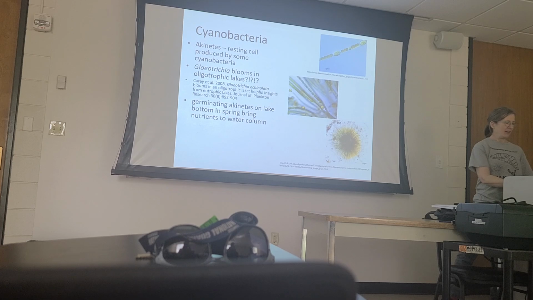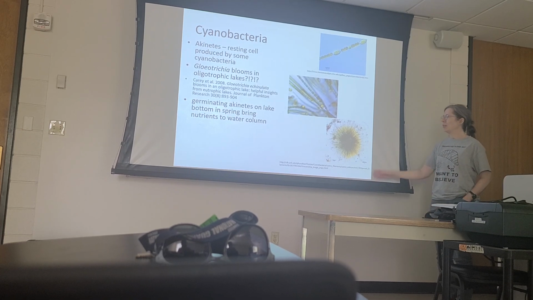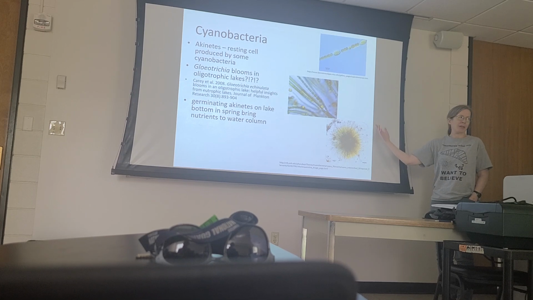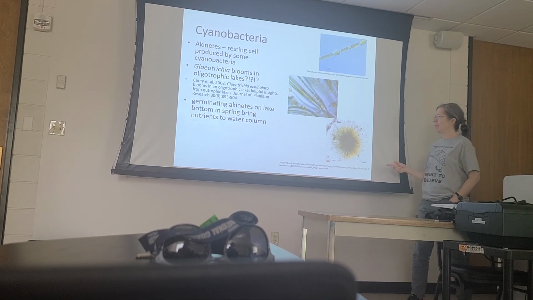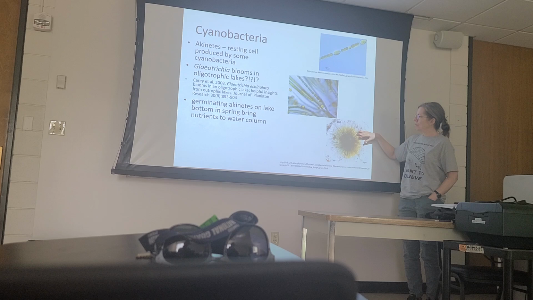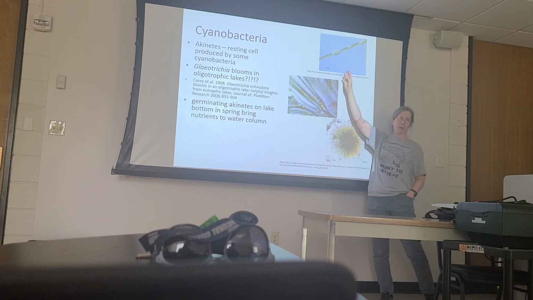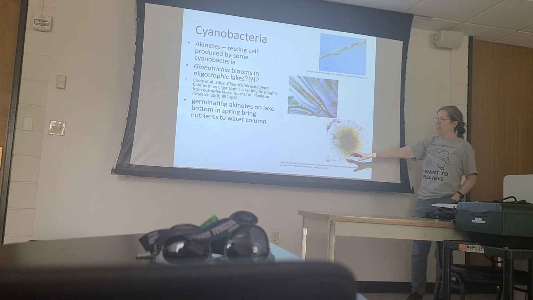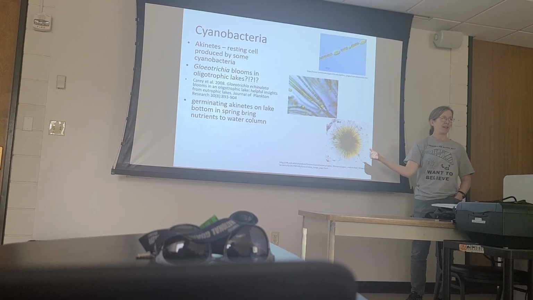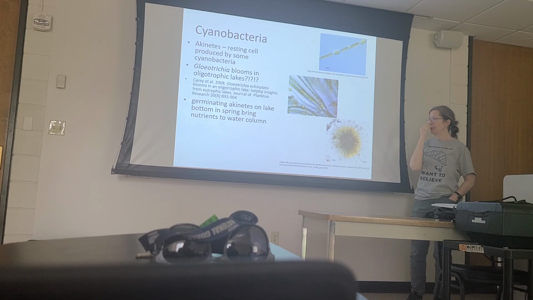What they figured out, and I don't know why, but Gloeotrichia would have had to start becoming more common for some reason. So this would do its thing in the summer, and then when it got to winter, it would make those akinetes, and the akinetes would go to the bottom of the lake, and those akinetes would suck up a bunch of nutrients that were just hanging out in the sediment.